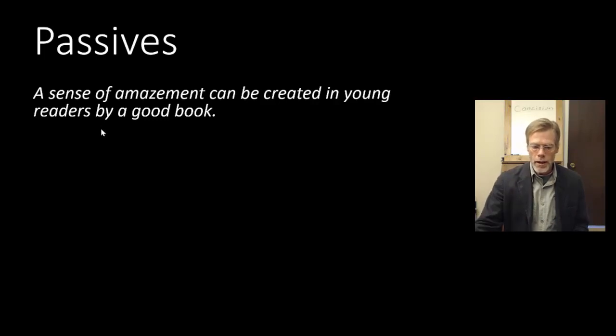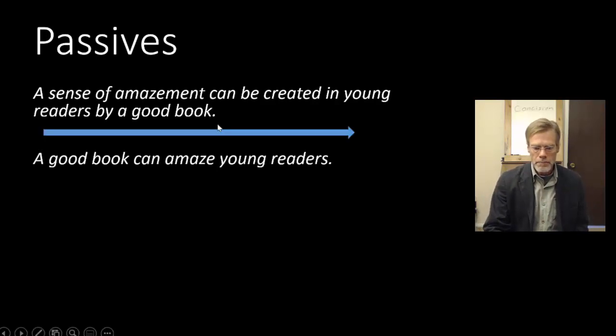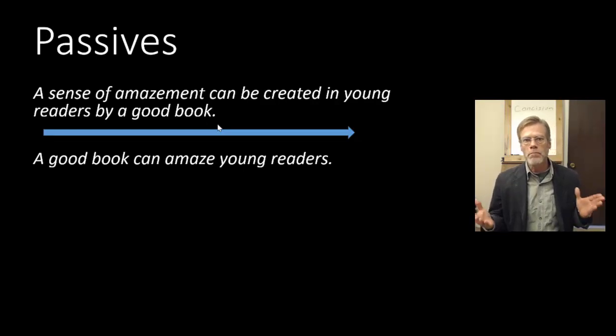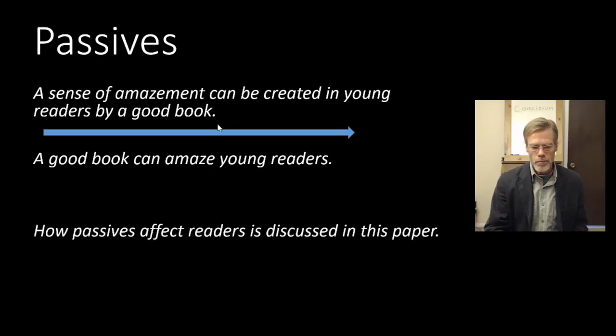We also have a nominalization, which is also lending to adding more words and lack of concision, lack of clarity, all sorts of other things. So let's revise all of that, and we get, "A good book can amaze young readers." And I think we can all agree that's a much better sentence.